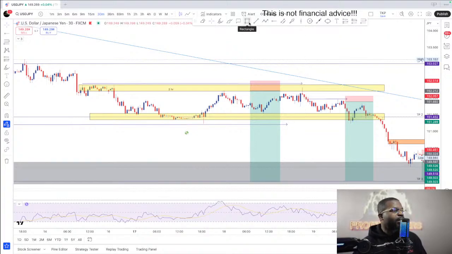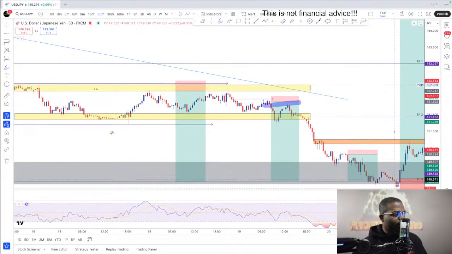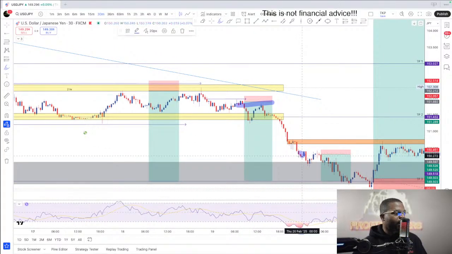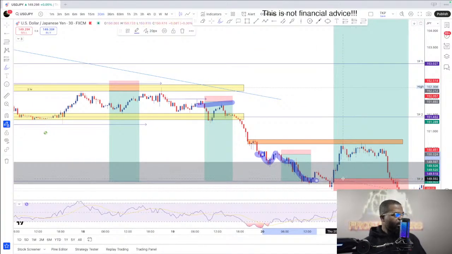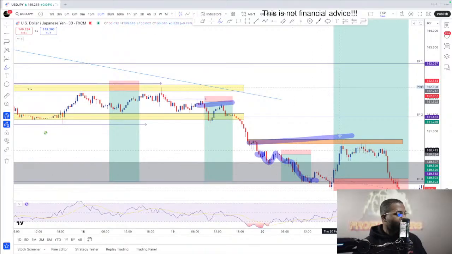The same thing right here. Consolidation. Price broke. I set another limit order. And we caught the move to the downside. Same thing right here. Even with this, the same thing.